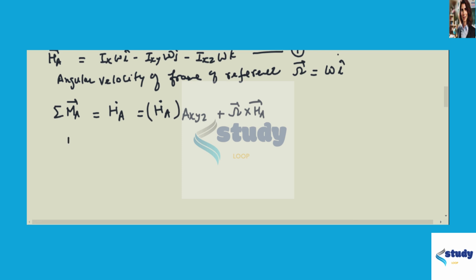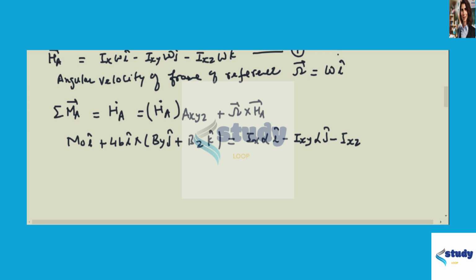This is MO I cap plus 4B I cap cross dynamic reaction at B is equal to Ix alpha I cap minus Ixy alpha J cap minus Ixz alpha K cap plus omega I cap cross Ix omega I cap minus Ixy omega J cap minus Ixz omega K cap.